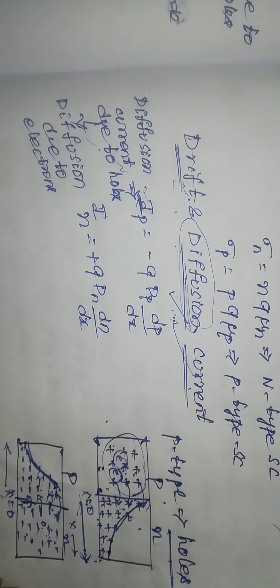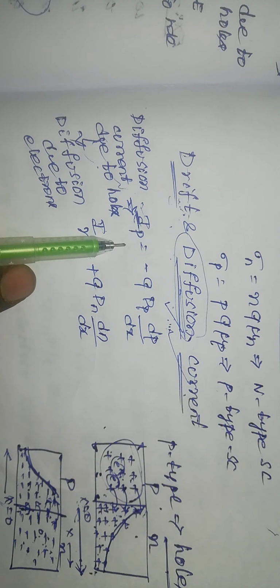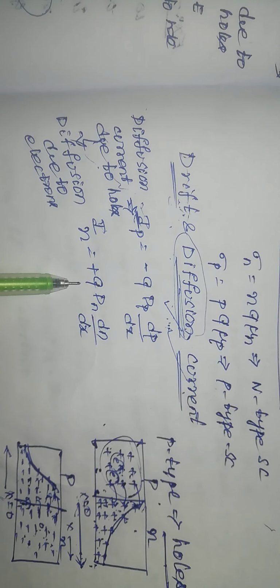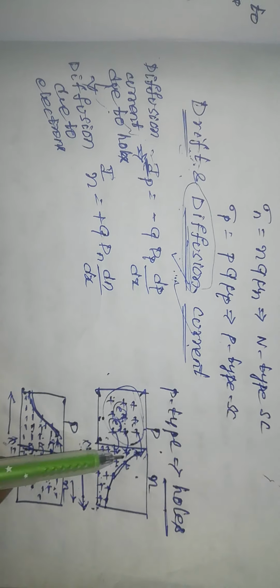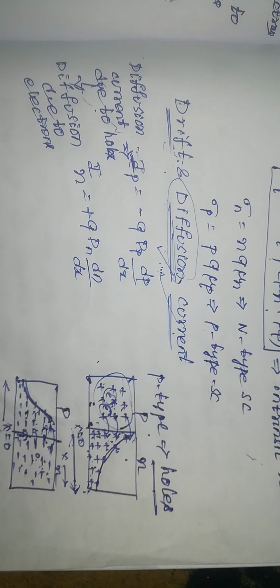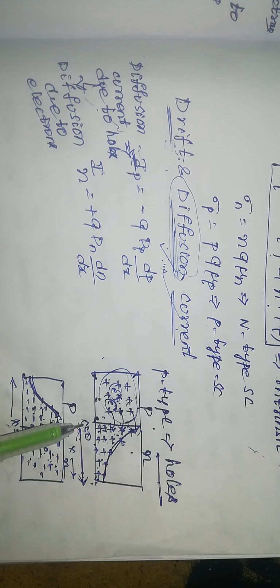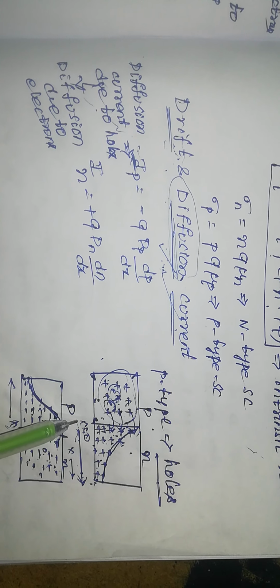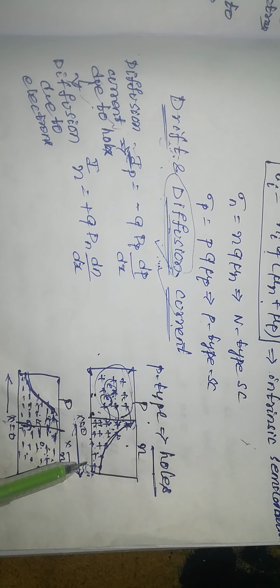So why have we written minus q dp/dx for the diffusion current due to holes, and a plus sign for the diffusion current due to electrons? Let's see. If more holes have moved from the p side to the n side, the number of holes decreases from x equals 0 up to a particular distance, the length of the n-type semiconductor.